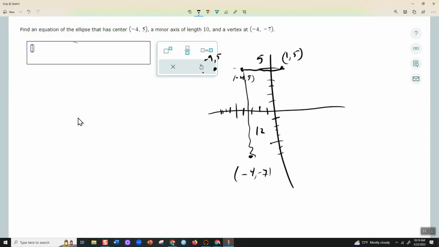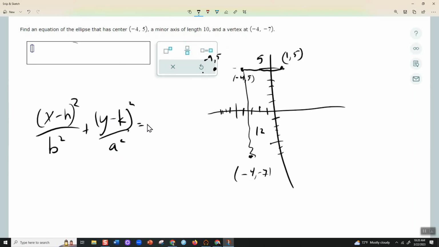So I know that my y change, or my y value, is bigger, so that's going to be the a squared. So here's my formula, x minus h squared over b squared, because I know that's the smaller distance, plus y minus k squared over a squared equals 1. The center is pretty easy. I'm just going to plug in negative 4 for that, 5 for that.